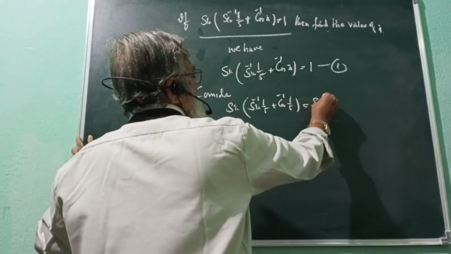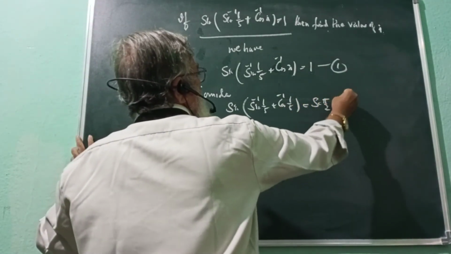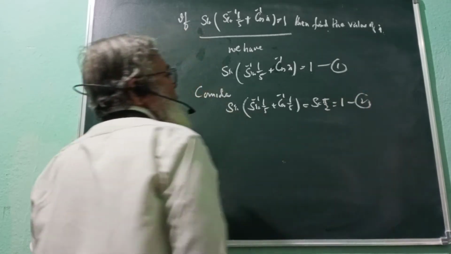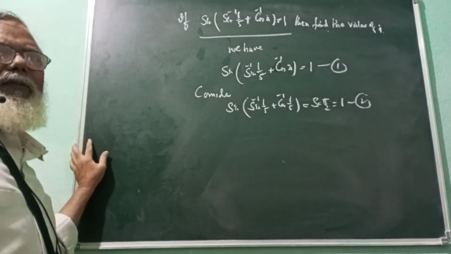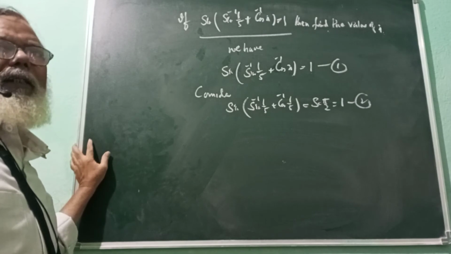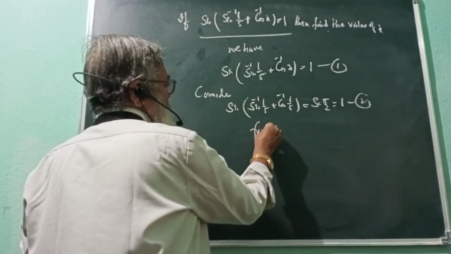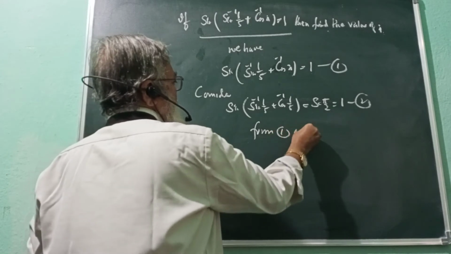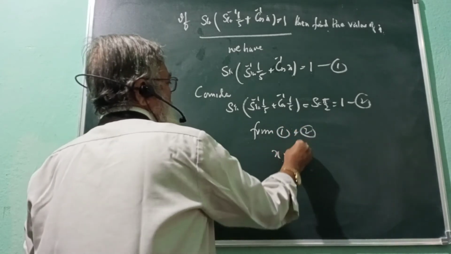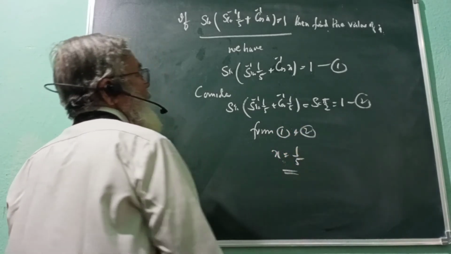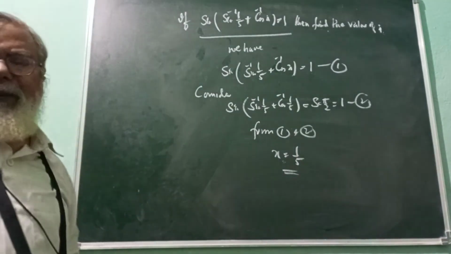That is nothing but sin pi by 2, and sin pi by 2 is 1. Just compare 1 and 2. Directly you can say the value of x is equal to 1 by 5. Therefore, from 1 and 2 we can write x is equal to 1 by 5. That is the required answer for this.